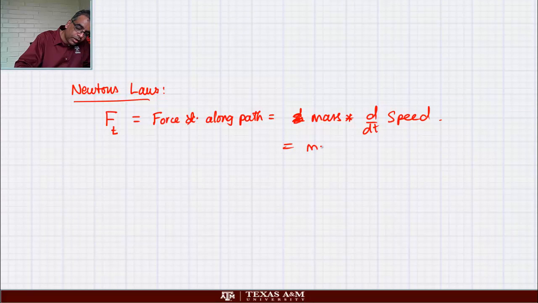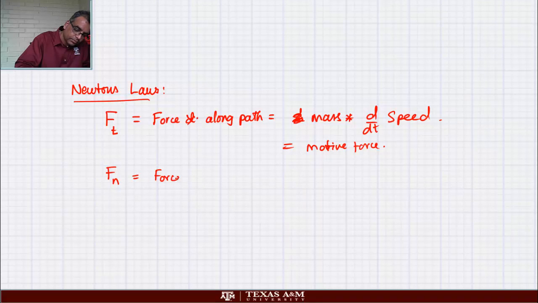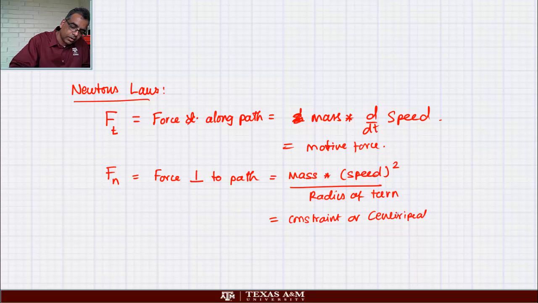This is usually called motive force, because this is what is causing the thing to either speed up or slow down. Force normal to path equals mass times speed squared divided by radius of turn. This is usually called the constraint or centripetal component.